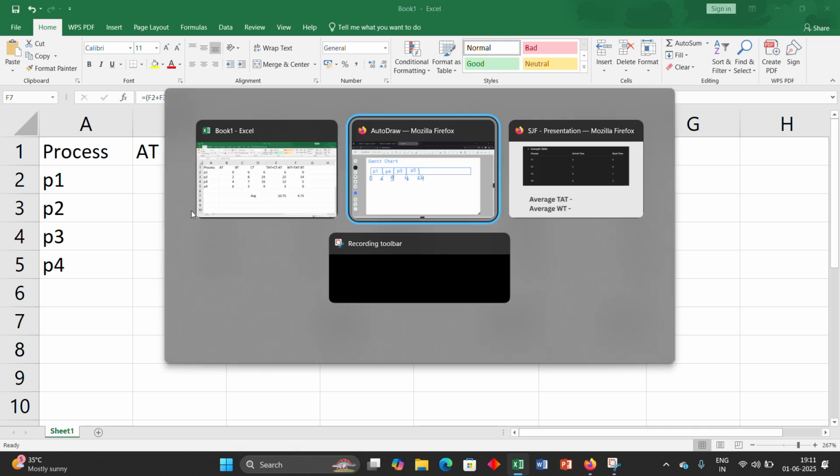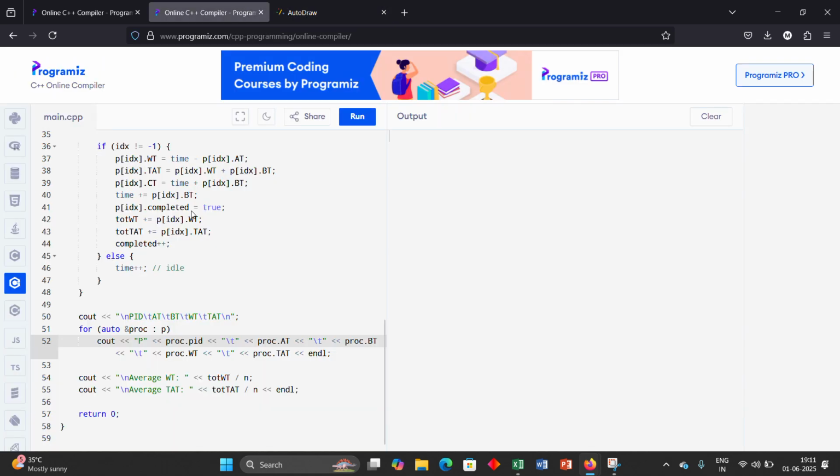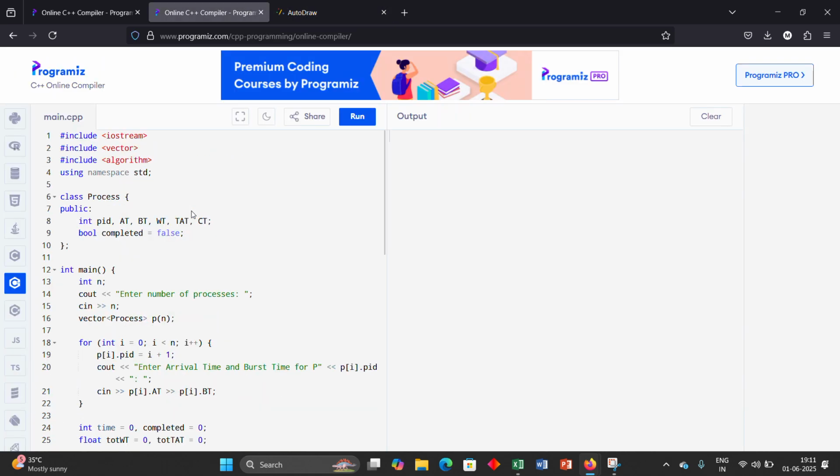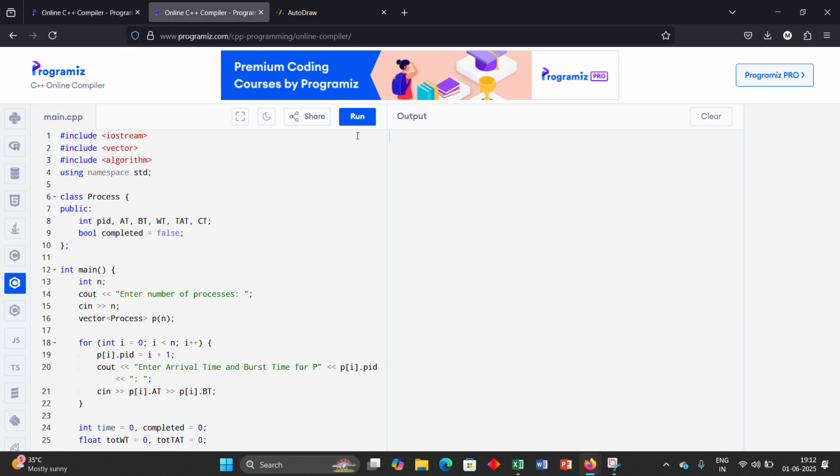Now let's understand it with a practical implementation with code written in C++. So this is SJF non-preemptive.